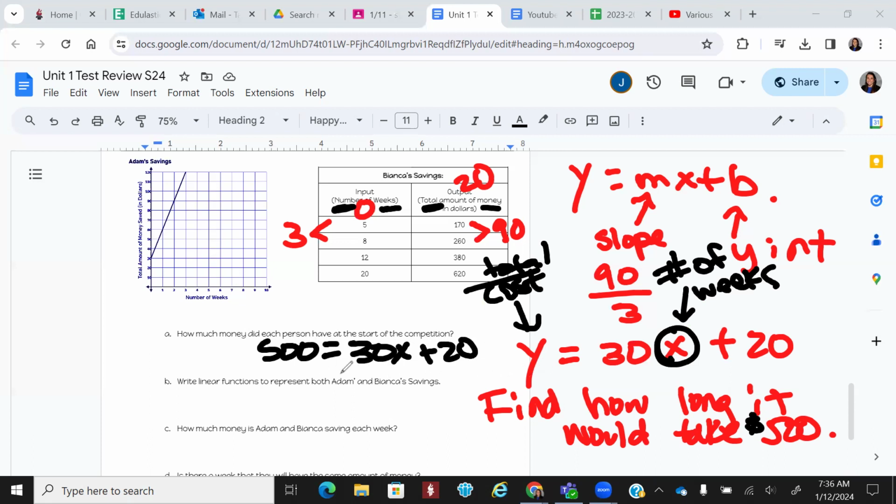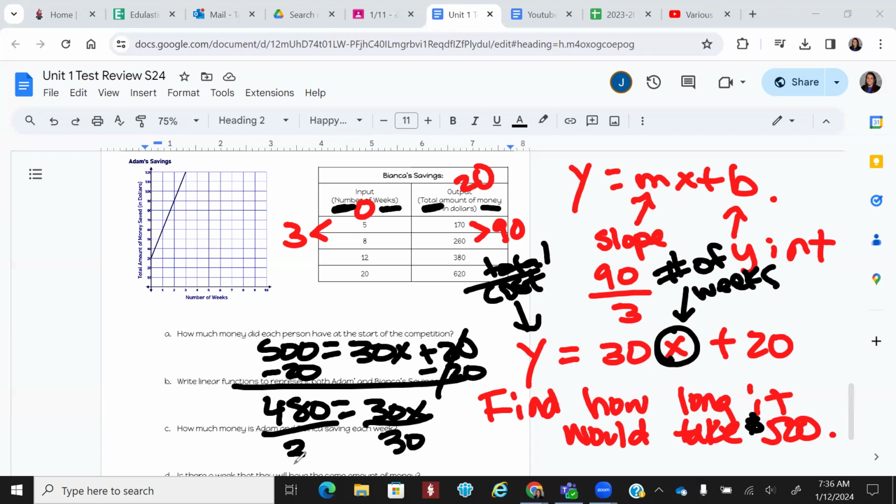So what am I going to do first here in order to solve? Subtract 20. That's going to give us 480 equals 30X. Now what am I going to do? Divide 480 by 30. And so X is going to equal 16 weeks.